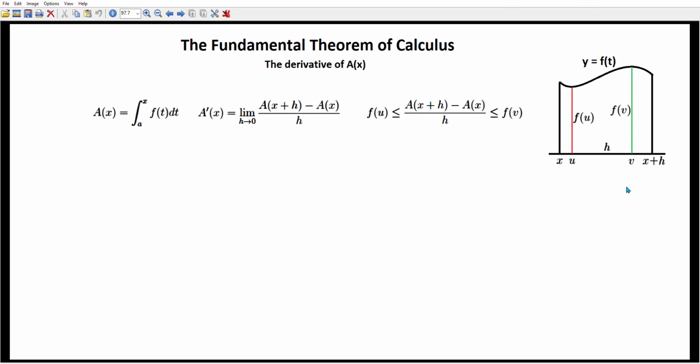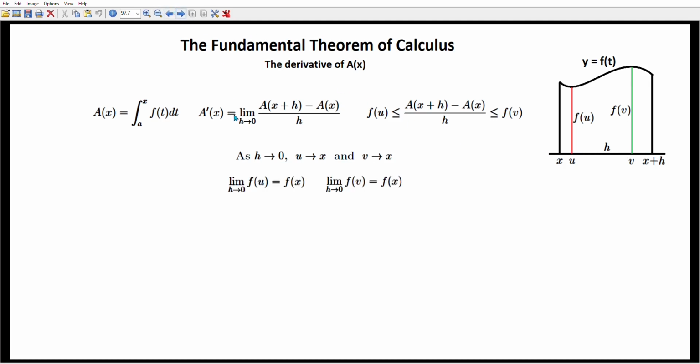And now what we want to do is look and see what happens when h goes to 0. And you can see as this interval compresses, u is going to be forced towards x, v is going to be forced towards x. So this is almost a pinching theorem.